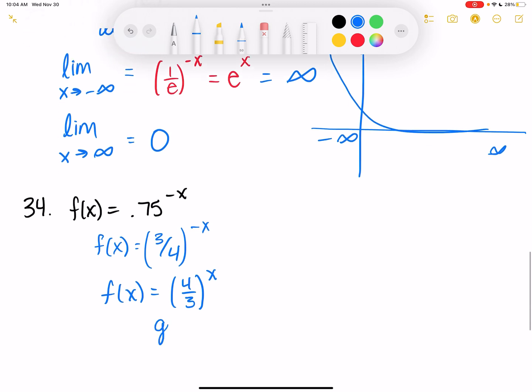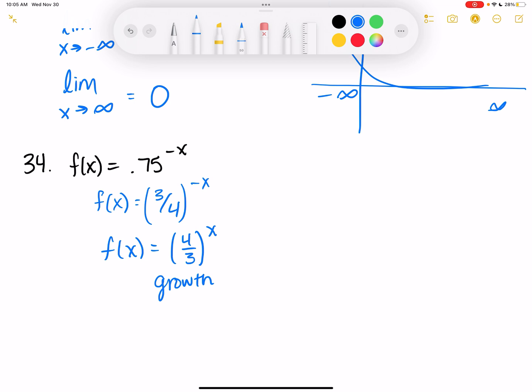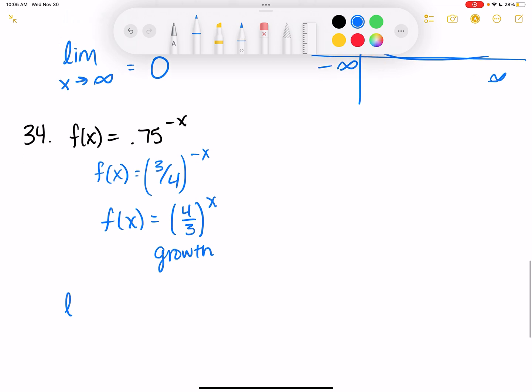So you've got to get it to have a positive exponent first. Gotcha. So then looking at our limits, the limit as x goes to negative infinity, for a growth function, looks like this.